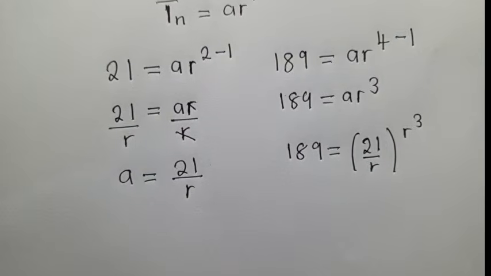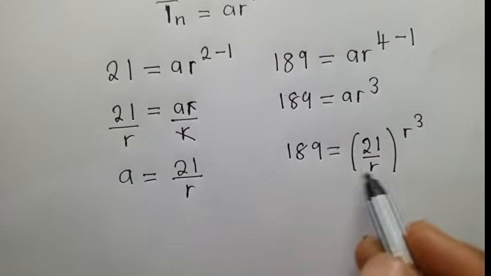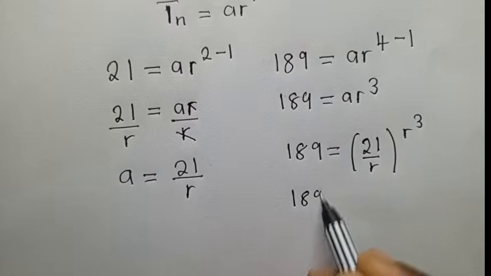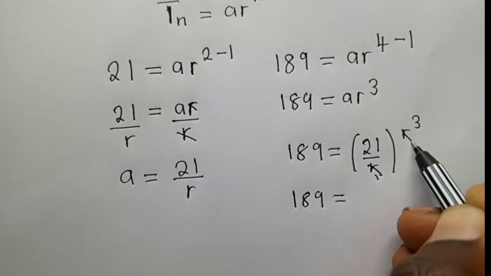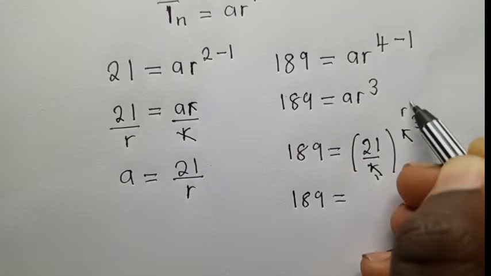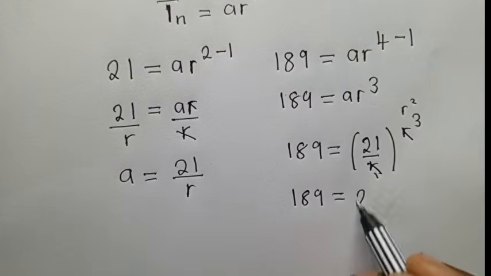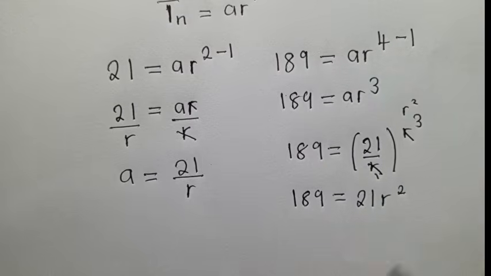Now I simplify: 189 equals R into R power 3, which is R power 2, so I have 21 R power 2.